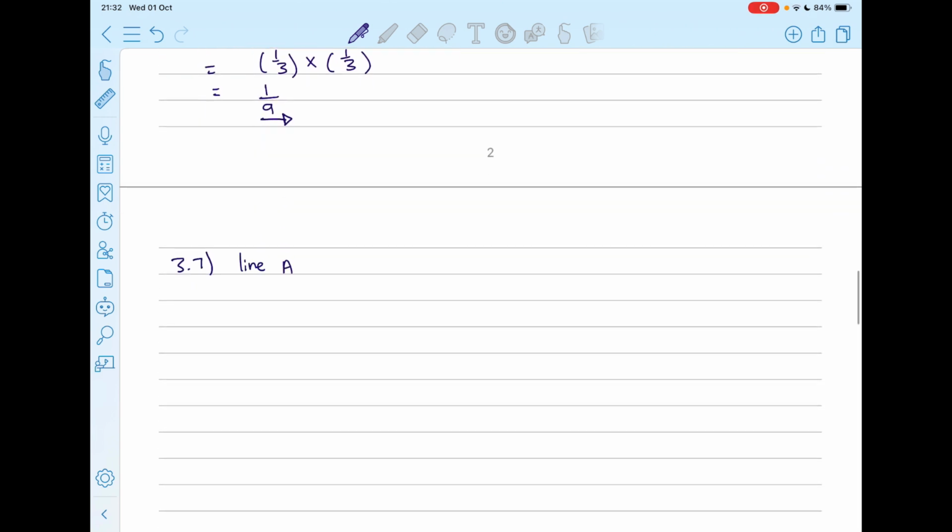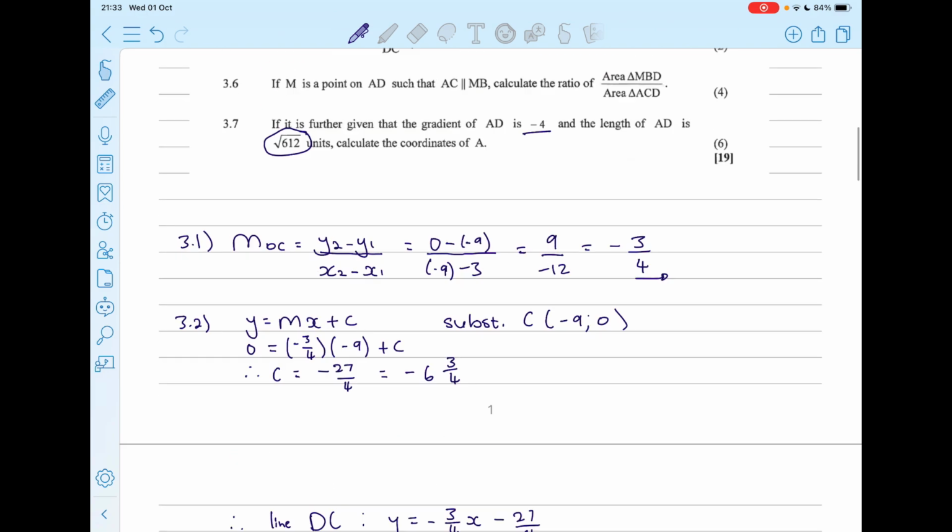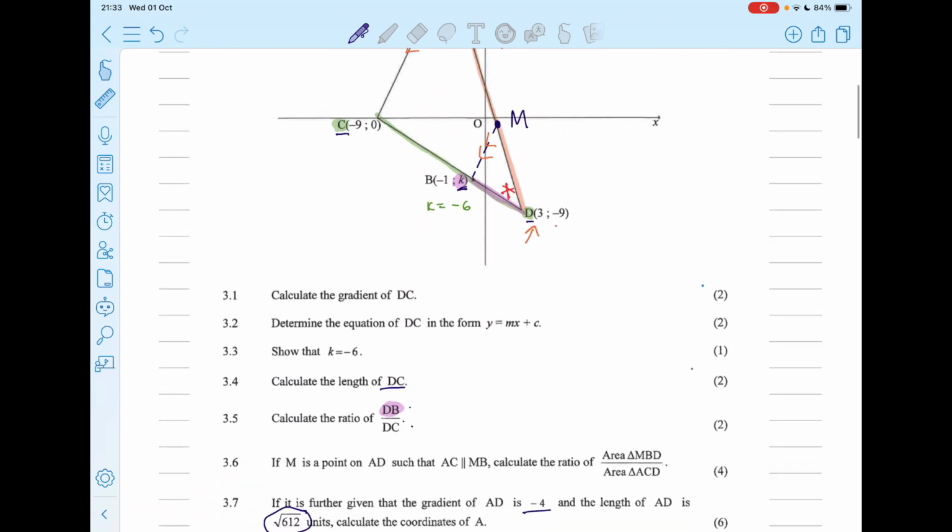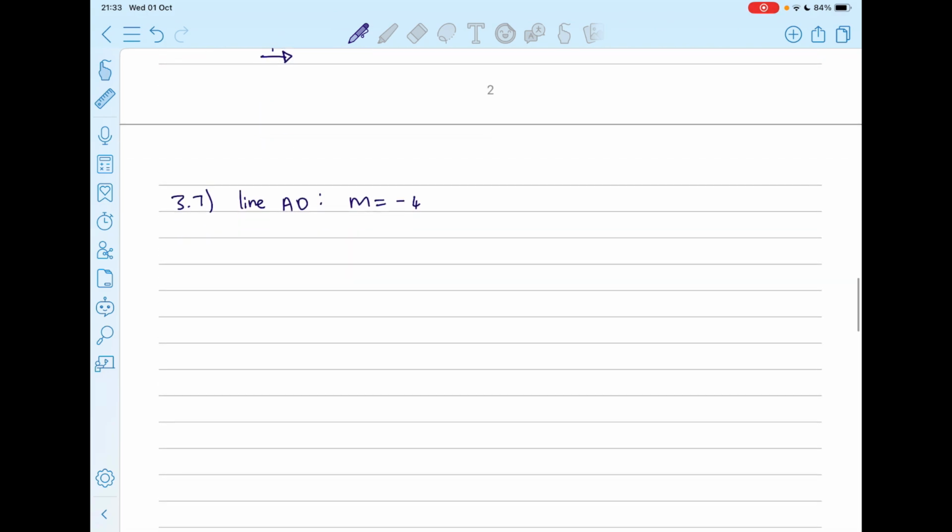I think that would be the easiest. So line AD, m is equal to -4, and D, the coordinates, I keep forgetting the coordinates of D. It's 3 and -9. Okay, so equation of a straight line, y is equal to mx plus c, and then we substitute our m and D. So here we have -9 is equal to -4, x we put the 3, and we want c.